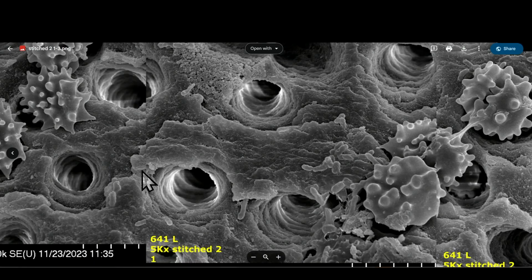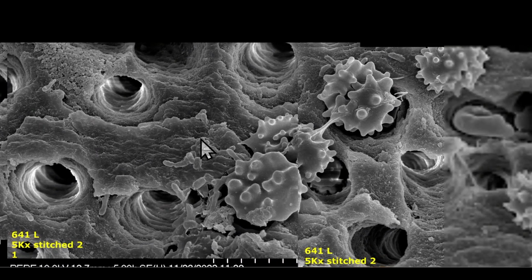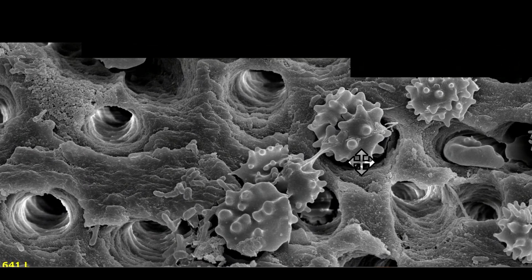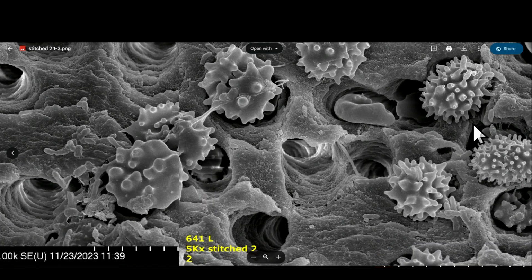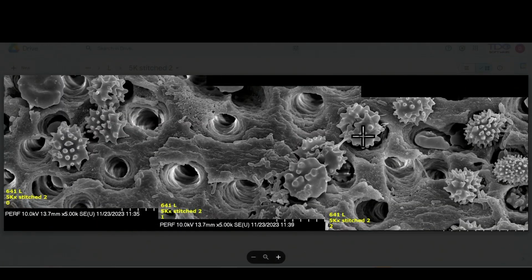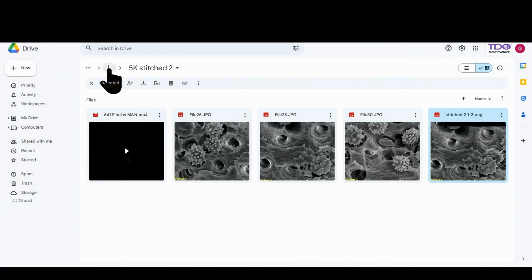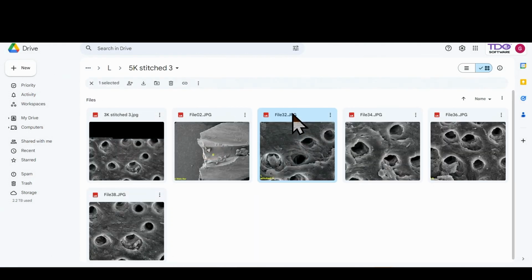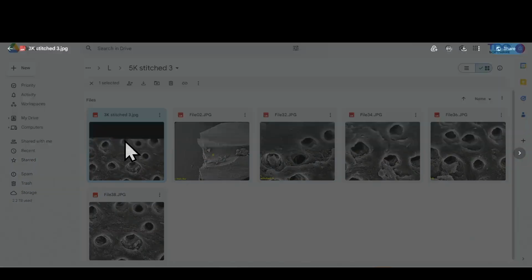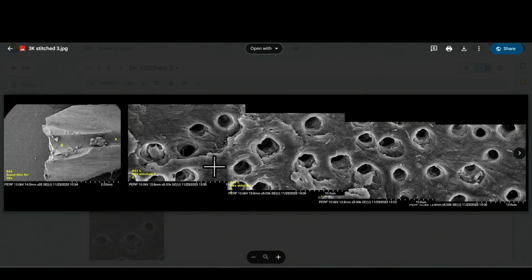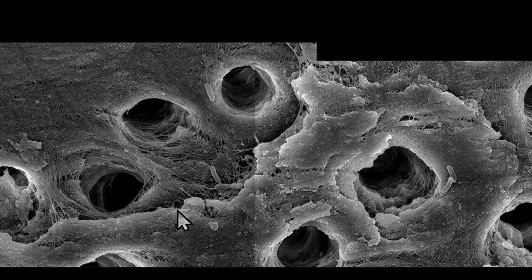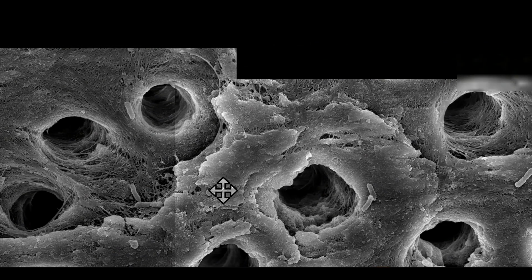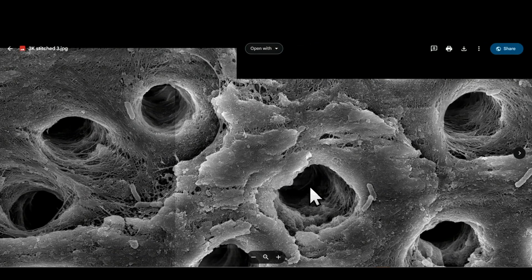But I can't imagine that the irrigation converts red blood cells into looking like this. These are definitely cellular in nature, and my interpretation is that these are mesenchymal stem cells. I could be very wrong, but that's what I've surmised by looking through all of these stitched images.